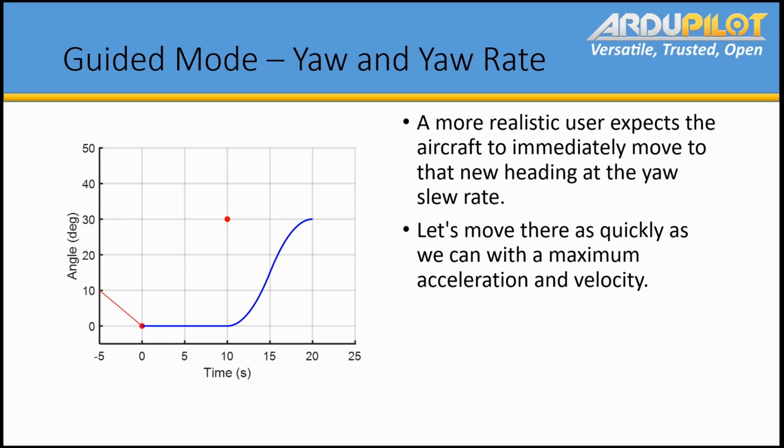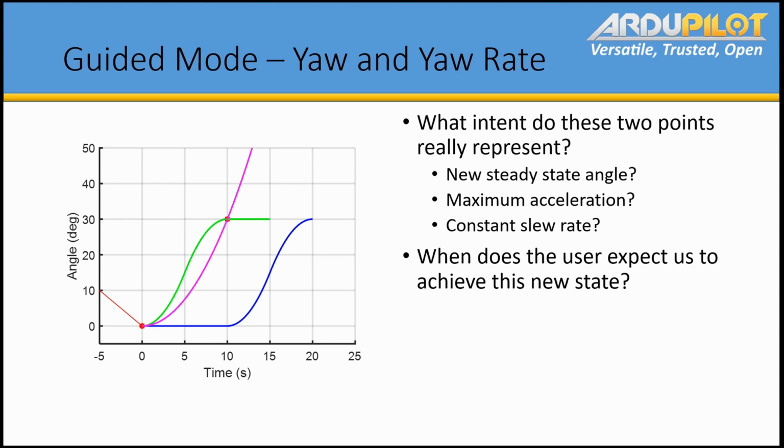So is that what the user expected? Maybe, maybe not. Maybe the user is actually starting to turn and wants a continuous thing. Maybe they're speeding up to rip around and they want to do a 360-degree turn. Maybe the user is following a particular target and wants you pointing at that target because that's when it was read, so it actually wants you to already be there at that time.